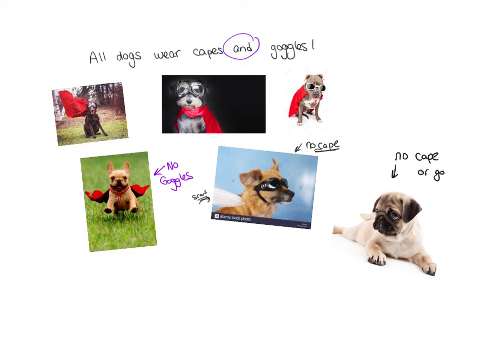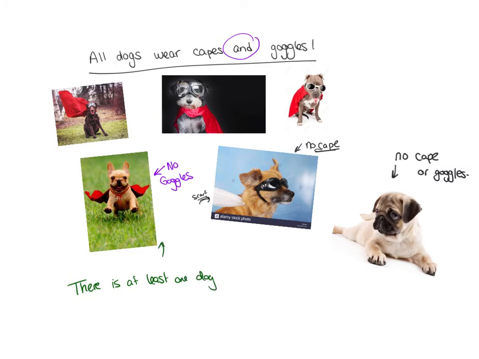So what are we actually doing to show that this statement is wrong? If it's not true that all dogs wear capes and goggles, then there is at least one dog.